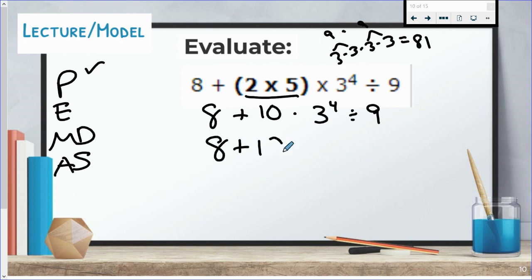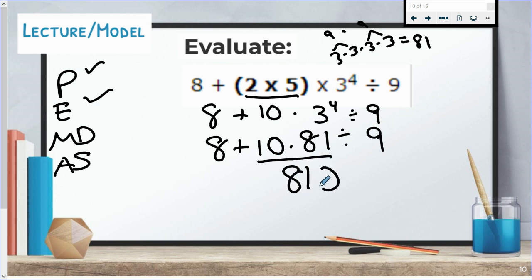So now we have 8 plus 10 times 81 divided by 9. I do not see any more exponents. Now we're going to multiply and divide. 10 times 81 would be 810.